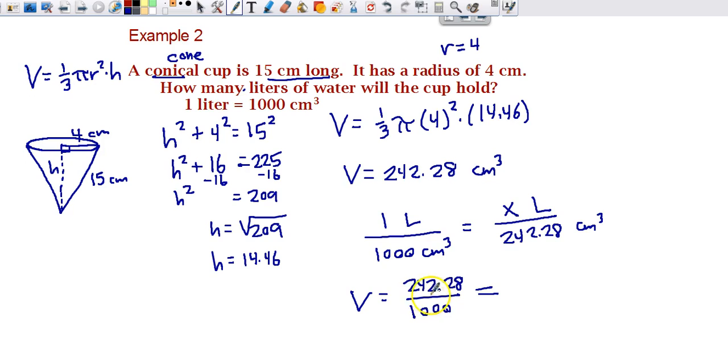So move the decimal 3 spots to divide by 1,000 or use your calculator. It's going to be 0.242 liters. And that's your volume. All right. Moving on to the next example.